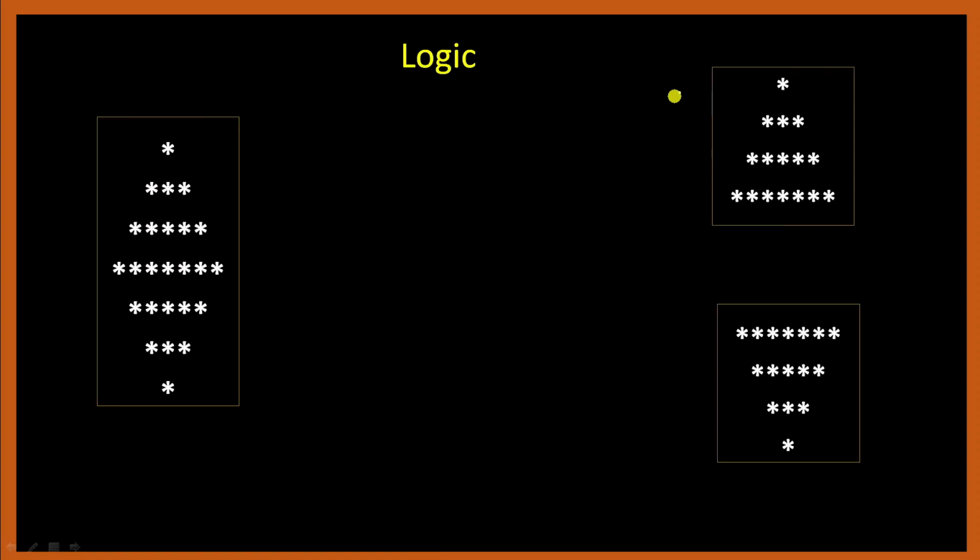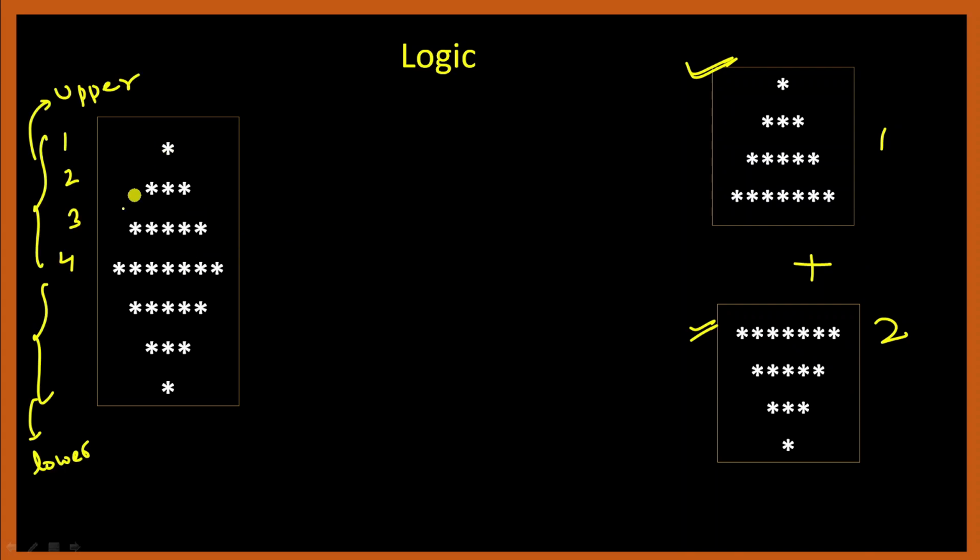So let's move forward. As we have seen this pattern and this pattern in our previous video, if I combine both these patterns, we can get this pattern. We can consider the first to fourth row as the upper pyramid and the last 3 rows as the lower pyramid.